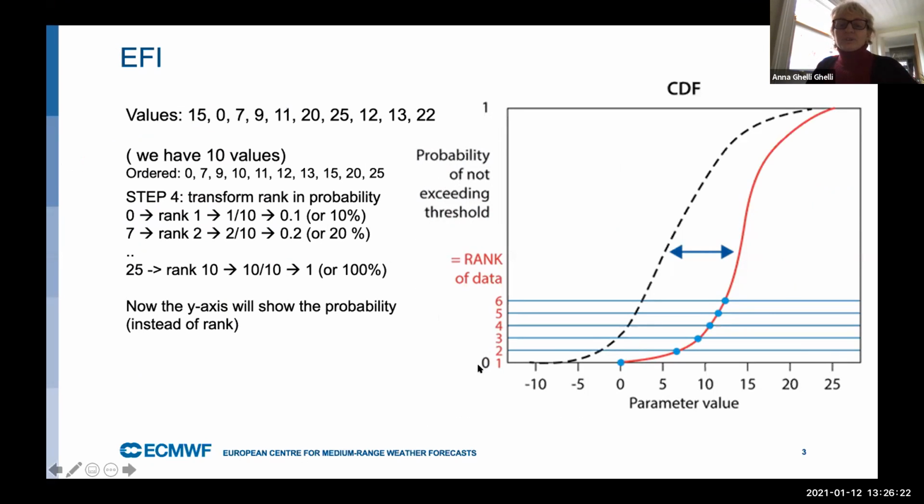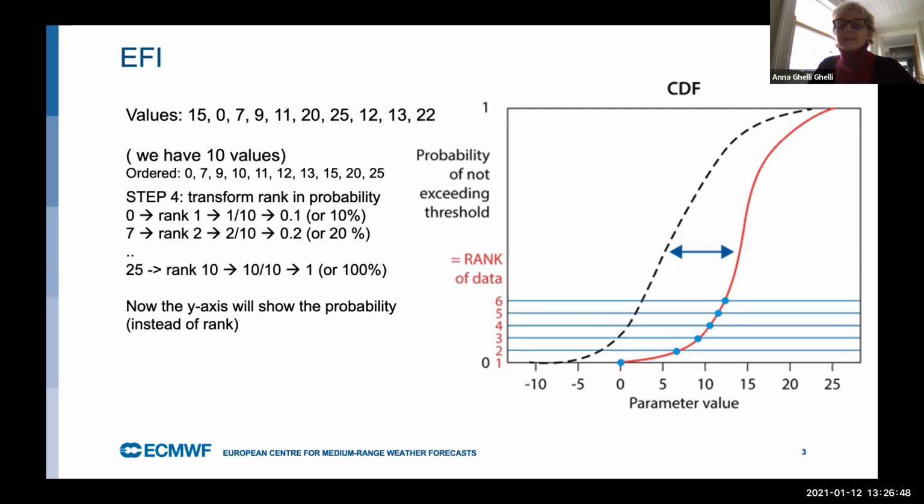If we go back to our number 7, which is on rank 2, that is 20% probability of being below 7, or you have 80% probability of not exceeding the value of 7.